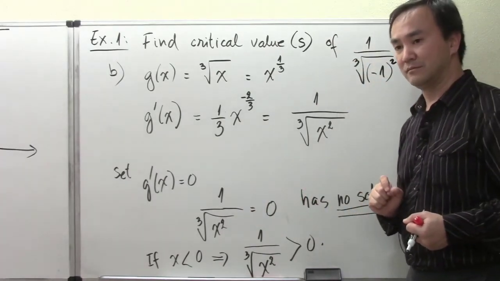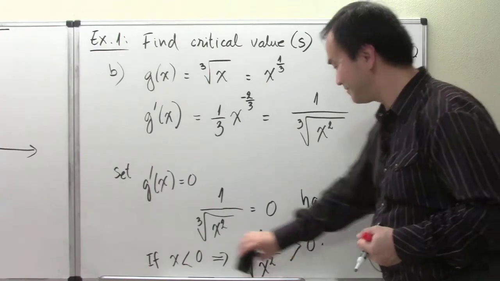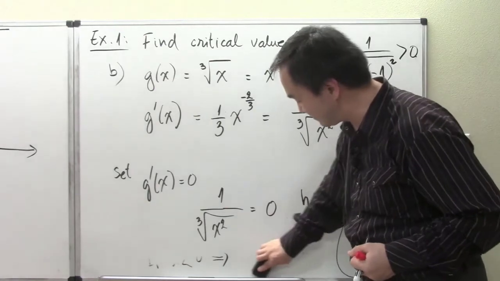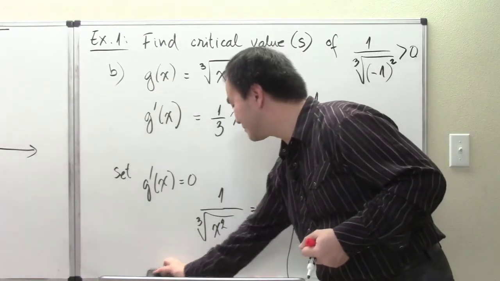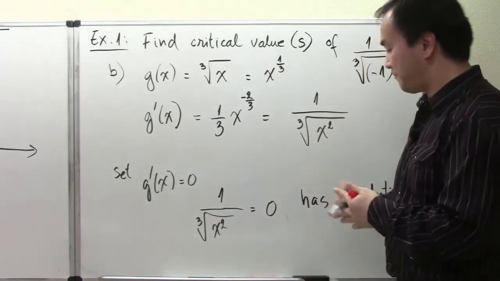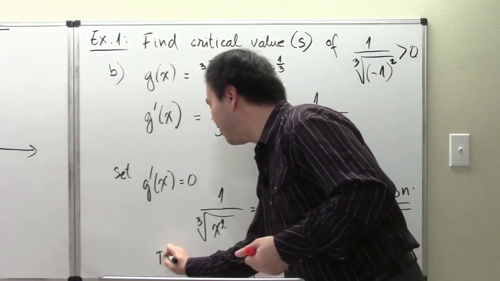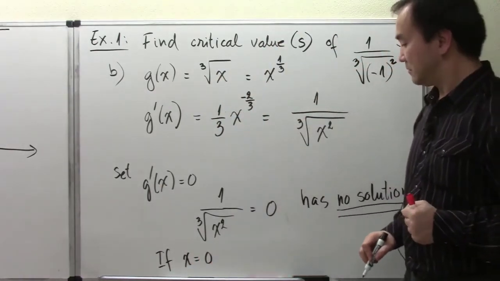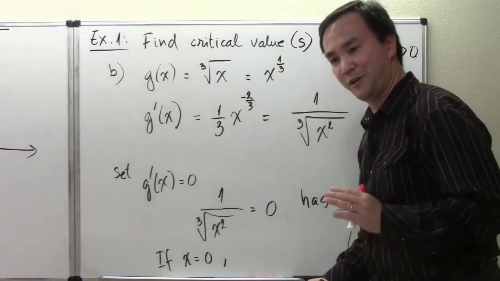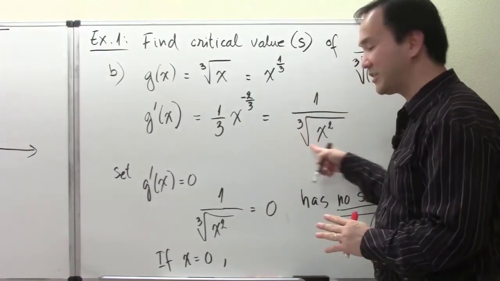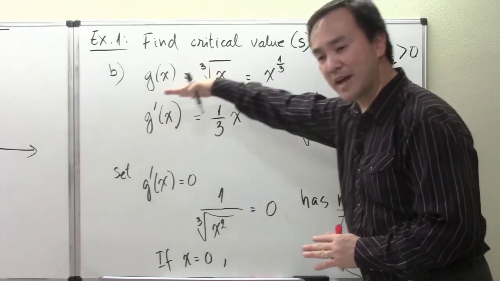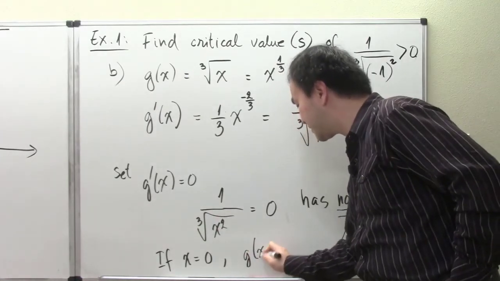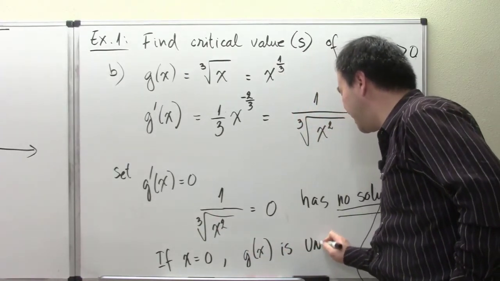There's one value I left out. So what about when x is equal to 0? Recall from your algebra, if x is equal to 0, and we're looking at our g prime of x as a function, then g prime of x is undefined.